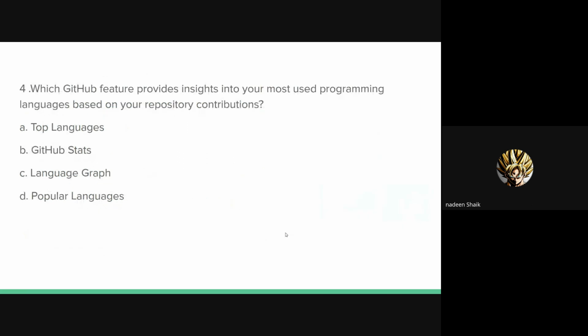Which GitHub feature provides insights into your most used programming languages based on your repository contributions? Please, A, top languages, B, GitHub stats, C, language graph, or D, popular language.